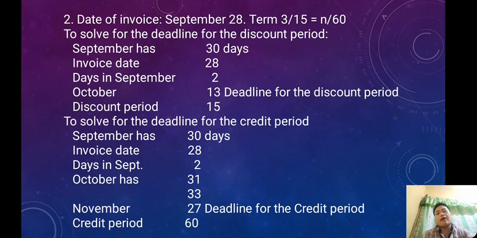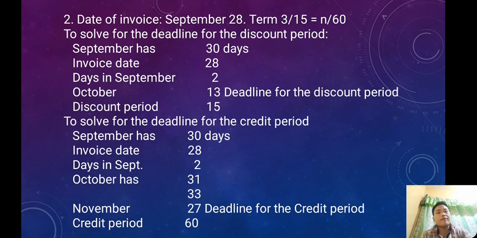Next, we solve for the deadline for the credit period. September has 30 days, the invoice date is 28, and the days remaining in September is 2. October has 31. Adding the days in September and October, we have 33.